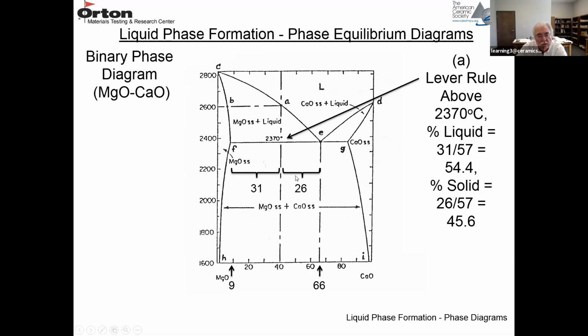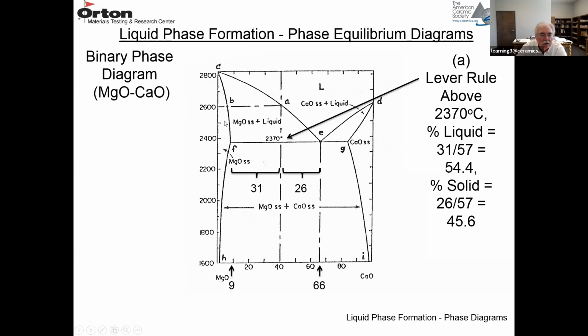So 26 divided by the sum of these two, 57, is the percent solid. 31 divided by 57 is the percent liquid. So it's this lever over the tie line that gives you the percent solids.